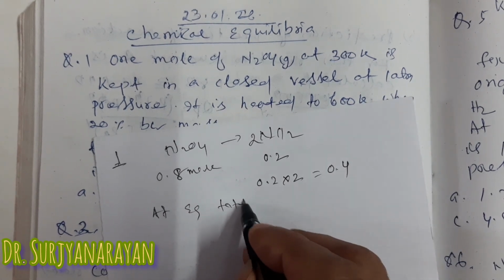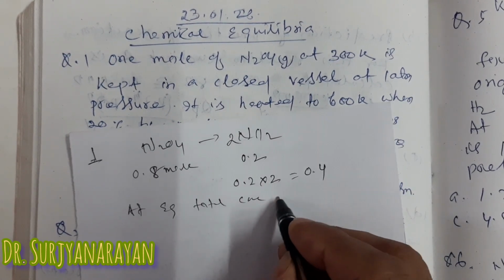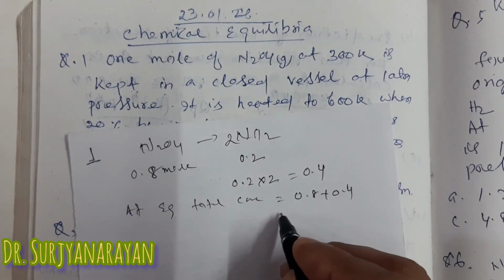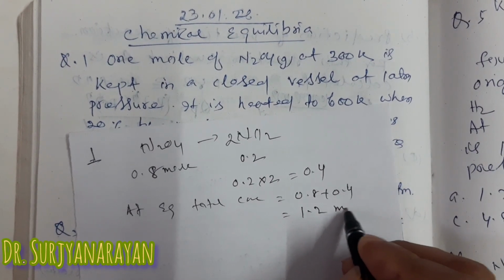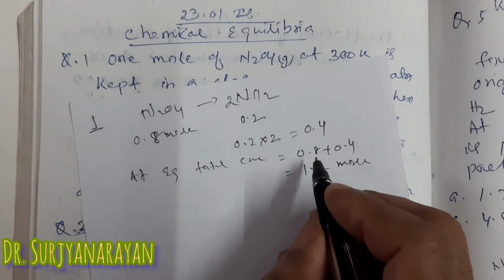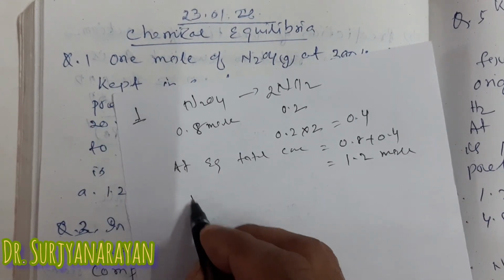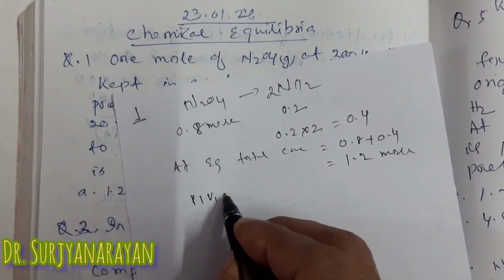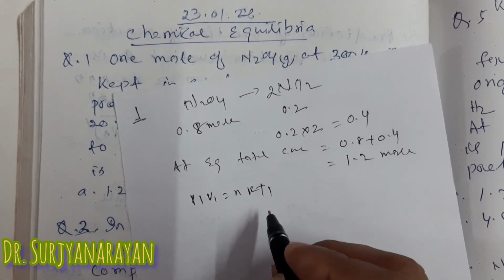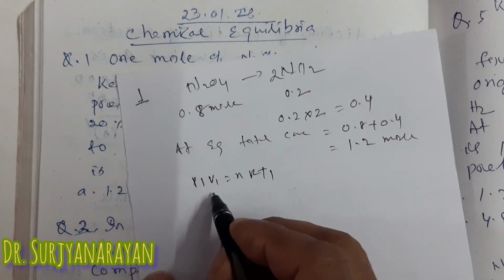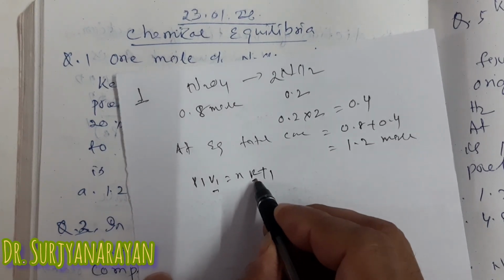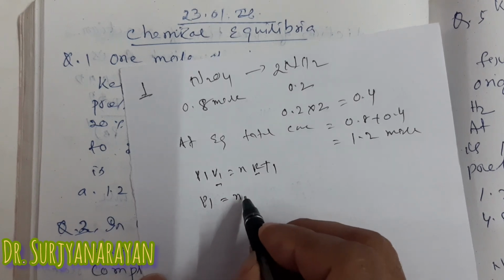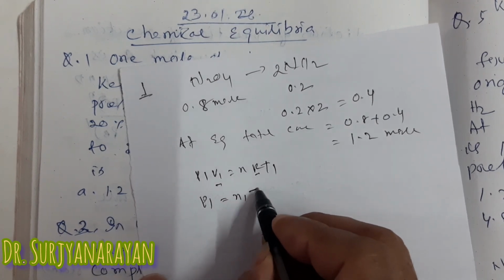total concentration is equal to 0.8 plus 0.4. This is 1.2 mole. So we know a relation: P1V1 is equal to nRT1. Here volume is constant and R is constant, so P1 is proportional to N1T1.